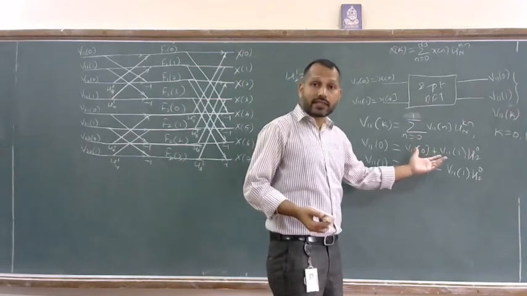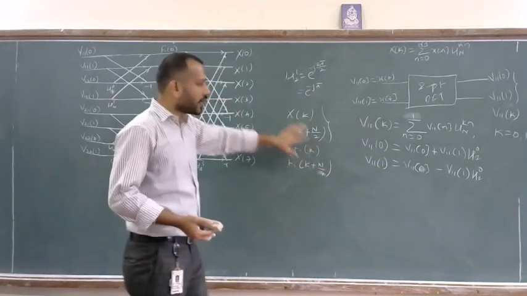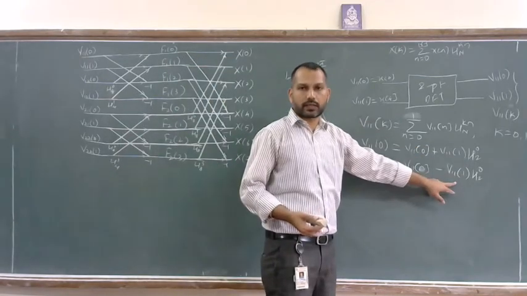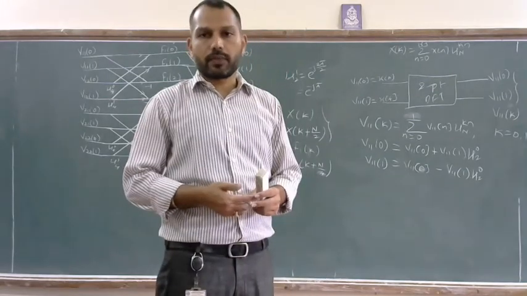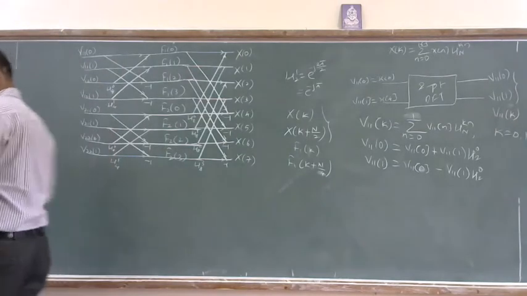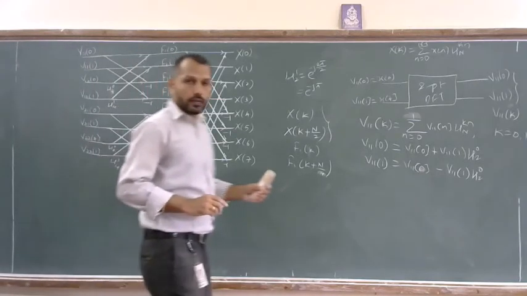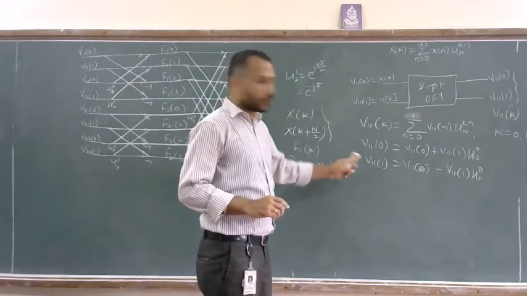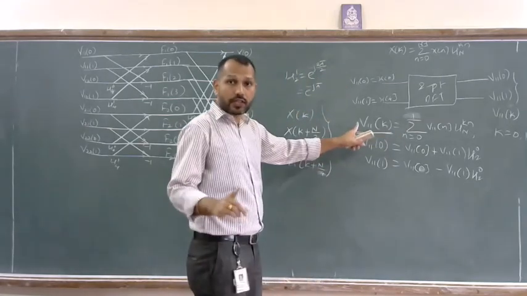To have the similarity of these equations, to resemble them in standard form, we'll include these two factors, but including them will not change the value. Are you all understanding? Yes, sir.